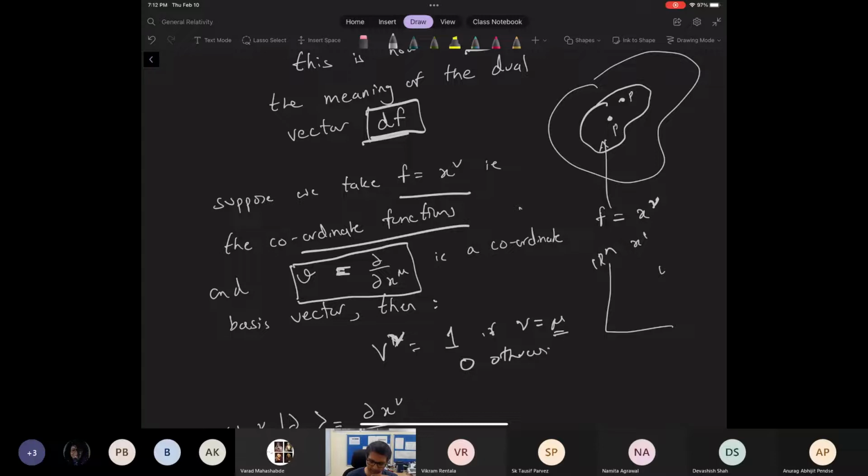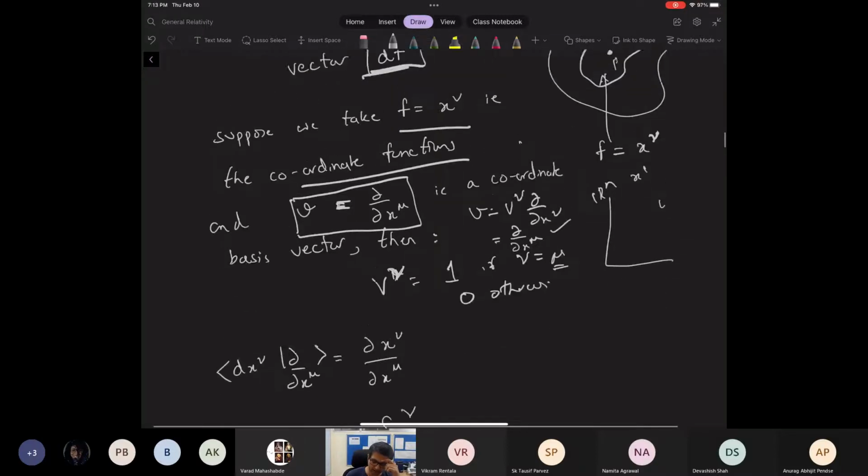So for a particular mu, this is non-zero. And for that particular mu, the vector v is in particular just going to give you partial x mu. You're picking out one particular direction, one particular coordinate basis vector.